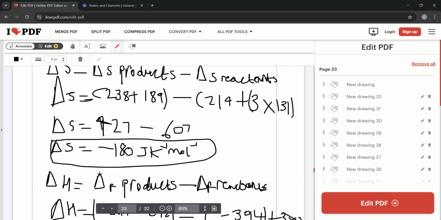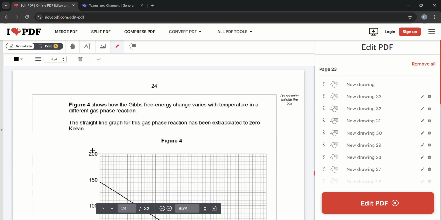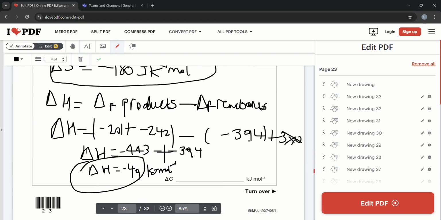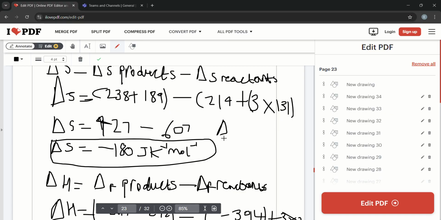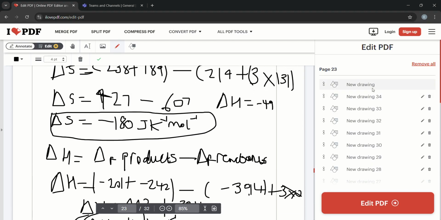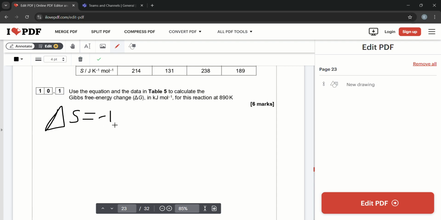Now we can quite easily find out Gibbs free energy change, because that's what we're trying to find out. Don't really have a lot of space here. Well, we know delta H is equal to minus 49. Don't do this in the exam obviously, but I'm just going to remove all the working out and carry on from here.